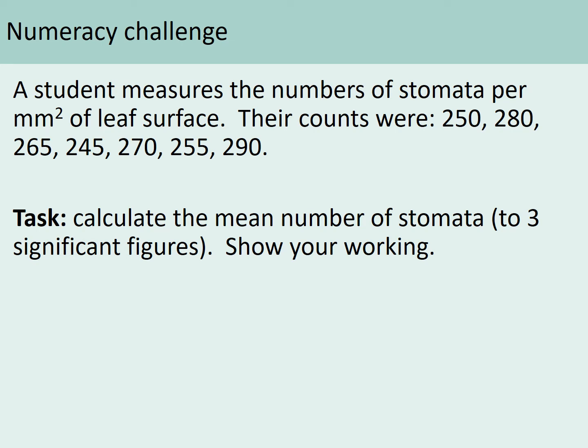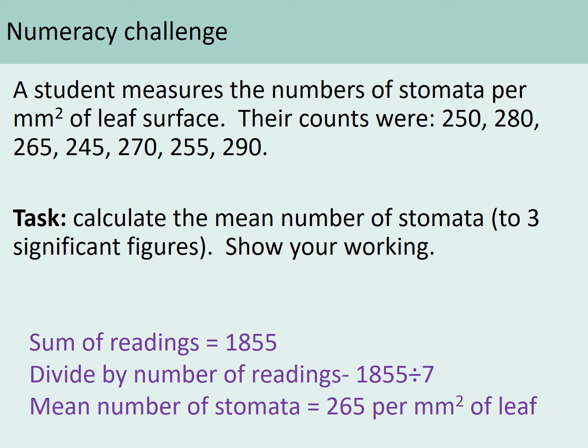Okay, so hopefully you've had a go at that, and hopefully we found that the total of adding them all together, because remember that's how you calculate a mean, you add all the numbers together and divide by how many there are. So the total is 1,855.